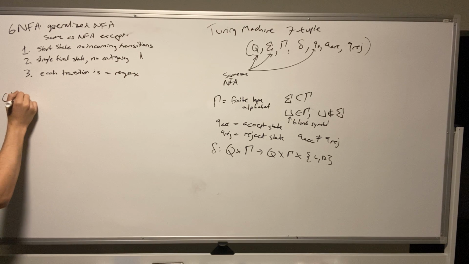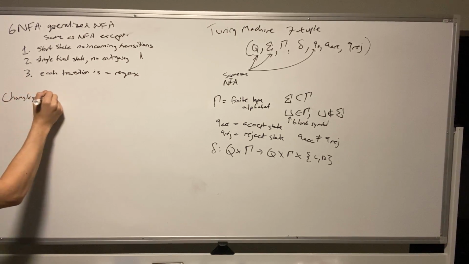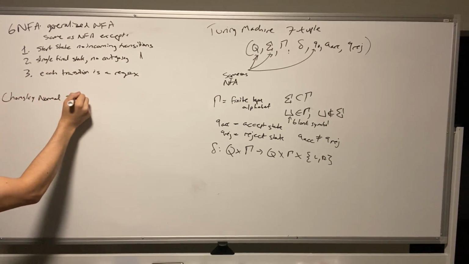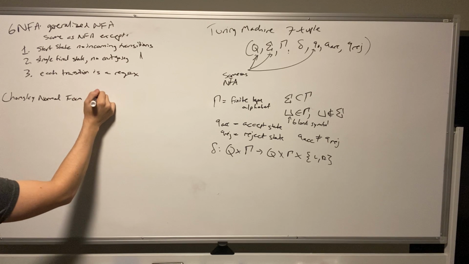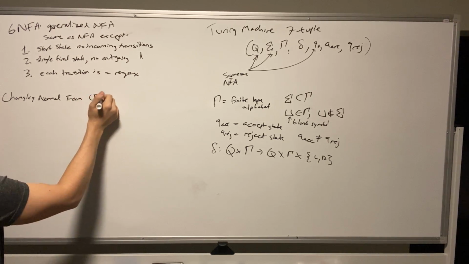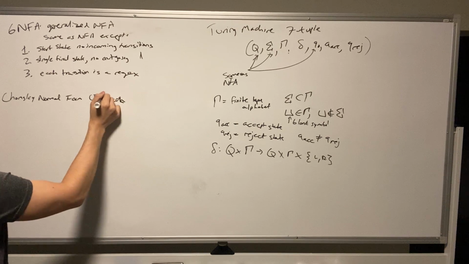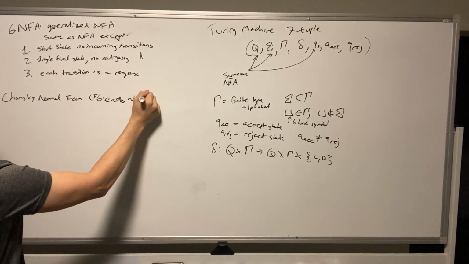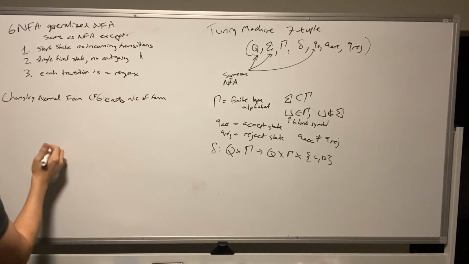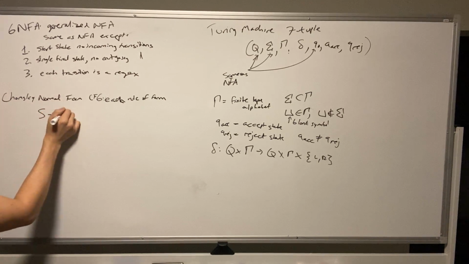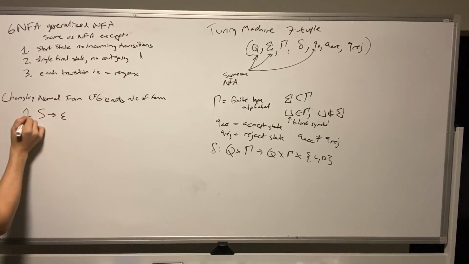Chomsky normal form, for a CFG. Each rule is of the form: start variable goes to empty, so that's the first one.